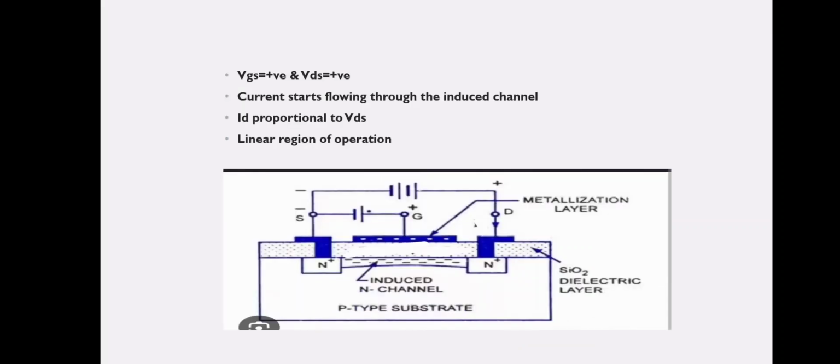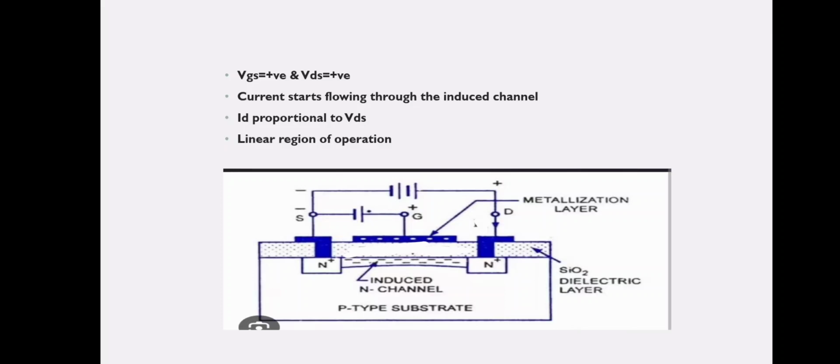Now again, we are going to connect a positive voltage to the drain with respect to the source. Okay, a VDS is applied such that the drain is more positive with respect to the source. So what happens? The current starts flowing through the conducting channel. The electrons will be flowing from the source terminal to the drain terminal because the drain terminal is positive.